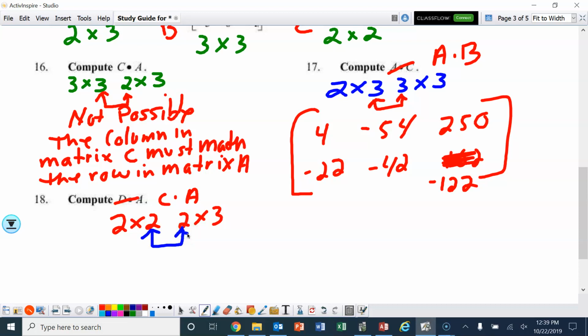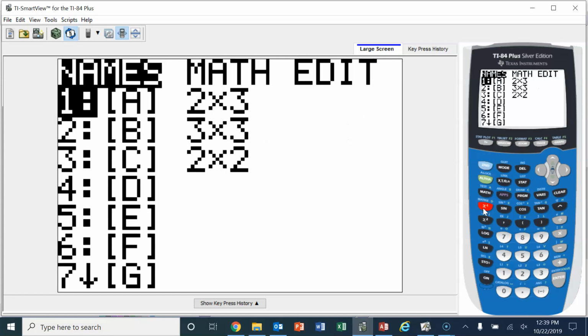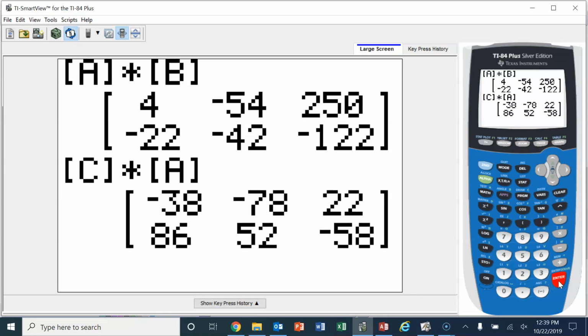All right, so on the calculator, we're going to do C first, and then times the A. All right, there are the numbers.